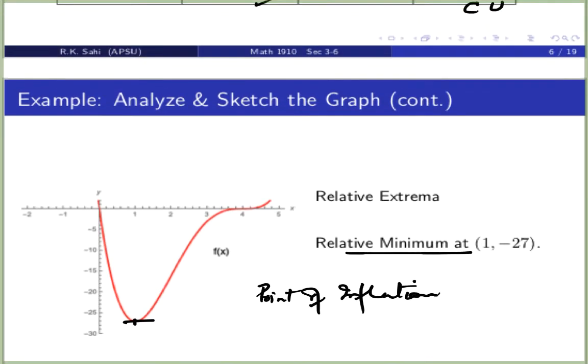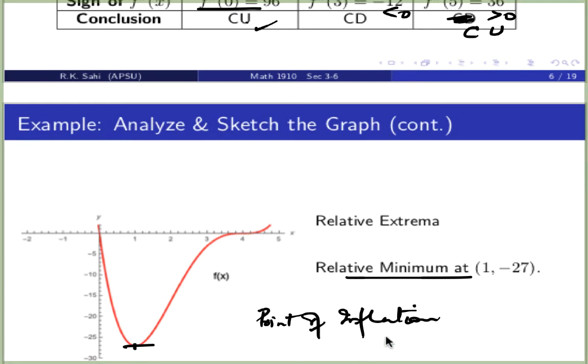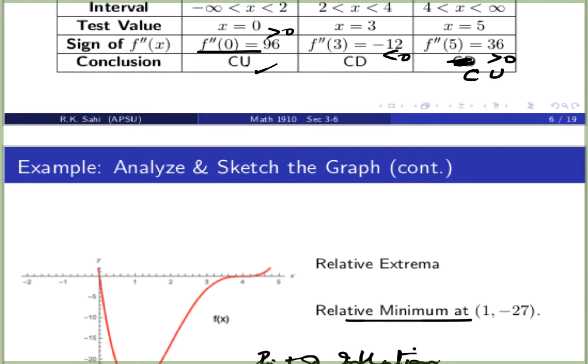let's see this one here. So it's from negative infinity to, remember this one here, 2. Okay, so let me write it here. So the point of inflection is at 2, where it goes from concave up to concave down.